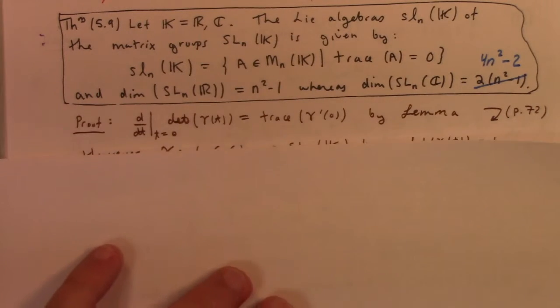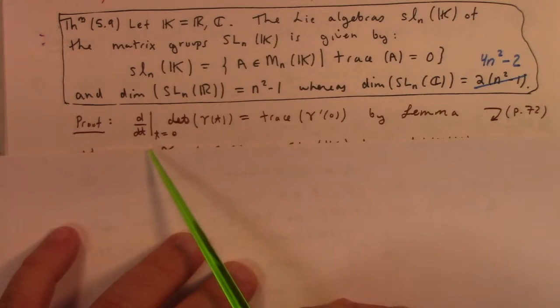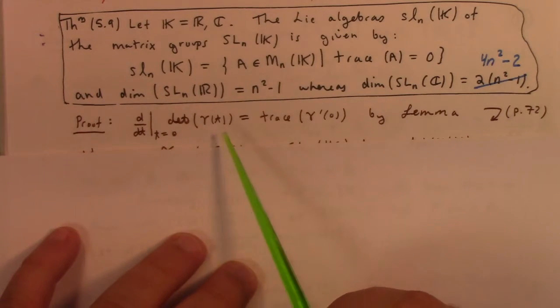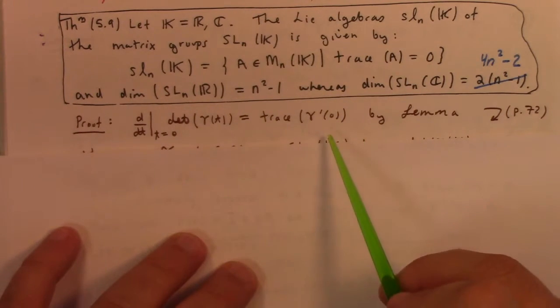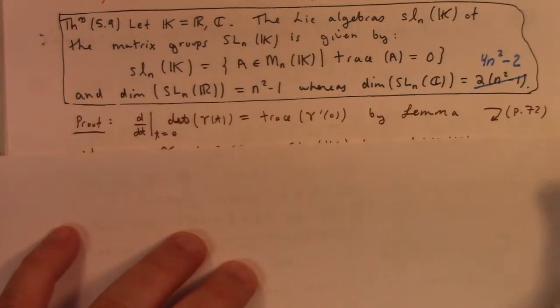So basically it relies on this deep lemma. Well, deep is in the eye of the beholder, I suppose, but at the very minimum, this is a fun lemma. The derivative of the determinant of the curve is equal to the trace of the initial velocity of the curve, evaluated at 0, of course.